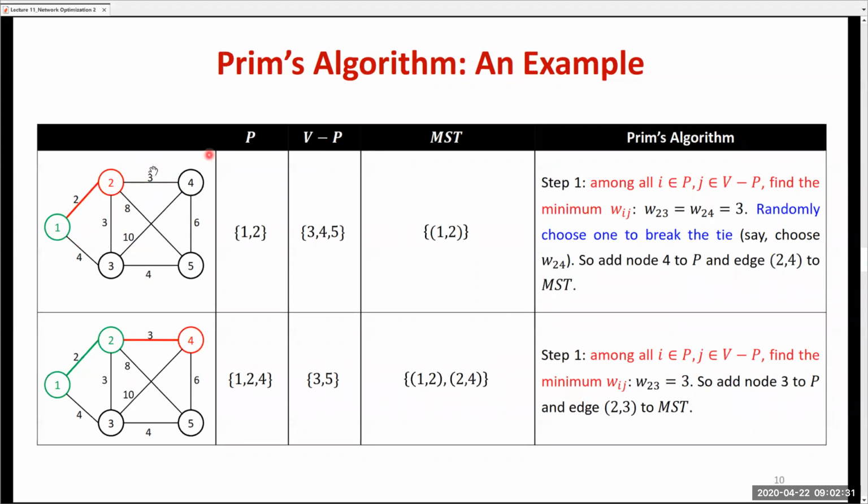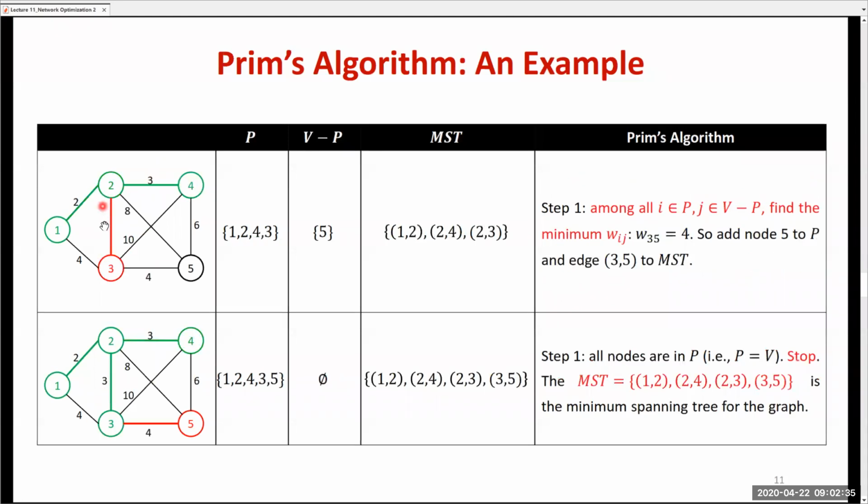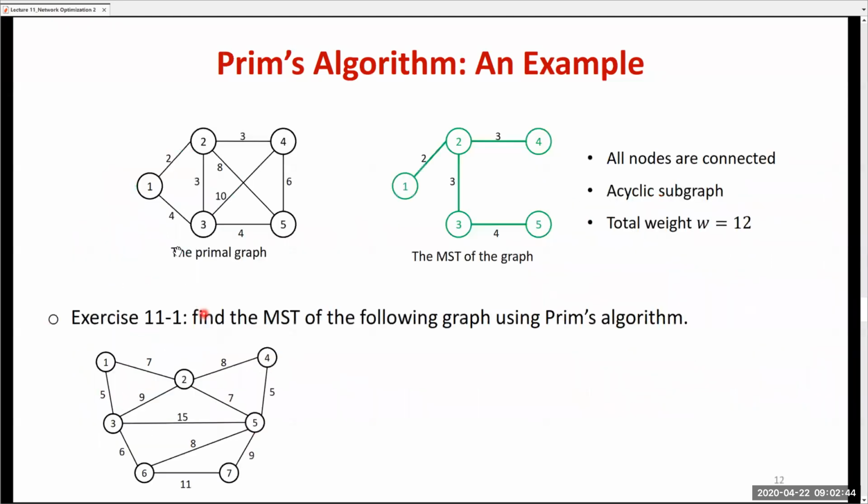In the slide here, I chose this one. The next time I choose this one. And then finally, I have either this or this, and clearly this weight is smaller, so I choose this. Hence, I got my minimum spanning tree, which looks like this.